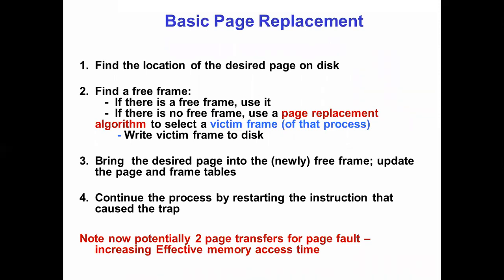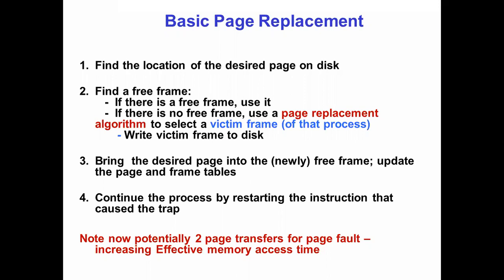Now this is the basic page replacement method, how we are going to replace the page during the page fault condition. Number one is to find the location of the desired page on disk.